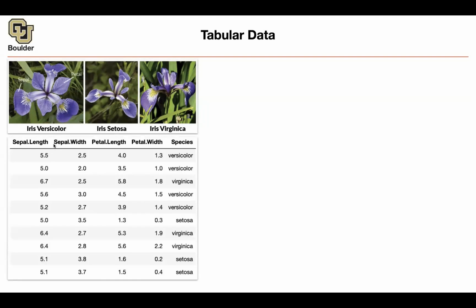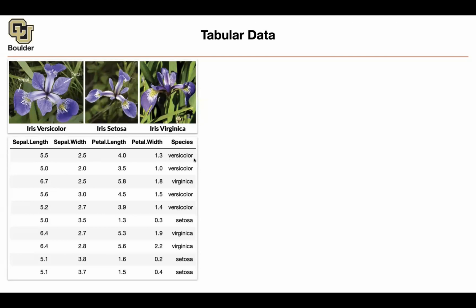And the scientist would create a table, or an Excel spreadsheet, or a .csv file with 5 columns. These are going to be the variables of the data, and these are the features. For instance, one of the flowers had a sepal length of 5.5, a sepal width of 2.5, a petal length of 4, and a petal width of 1.3.